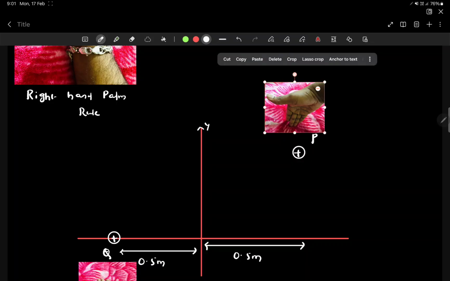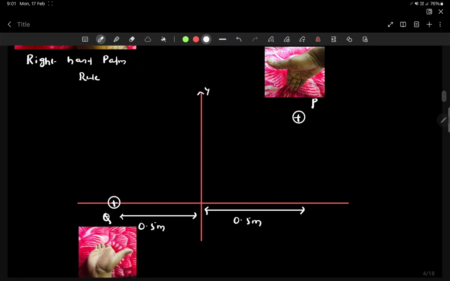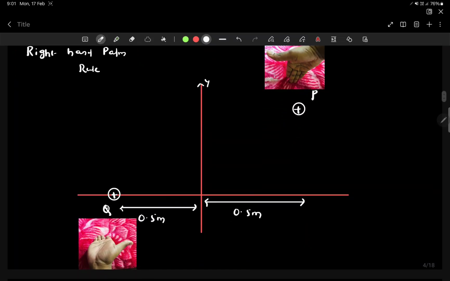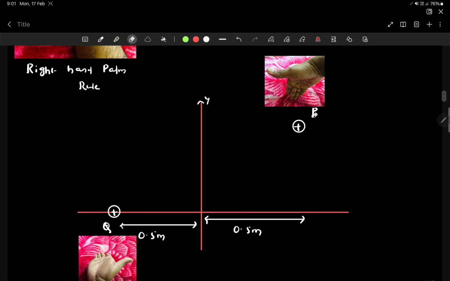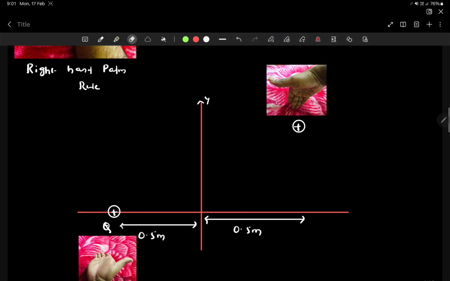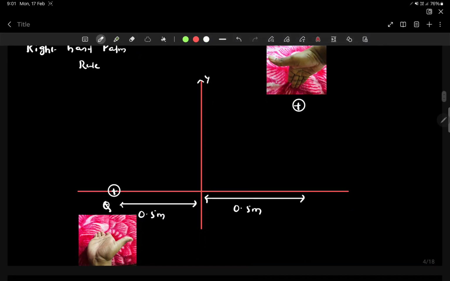Now check this figure. In both these figures, you can understand the total question in a very easy manner. See this. These four fingers, as per my concept, represent the magnetic field direction.